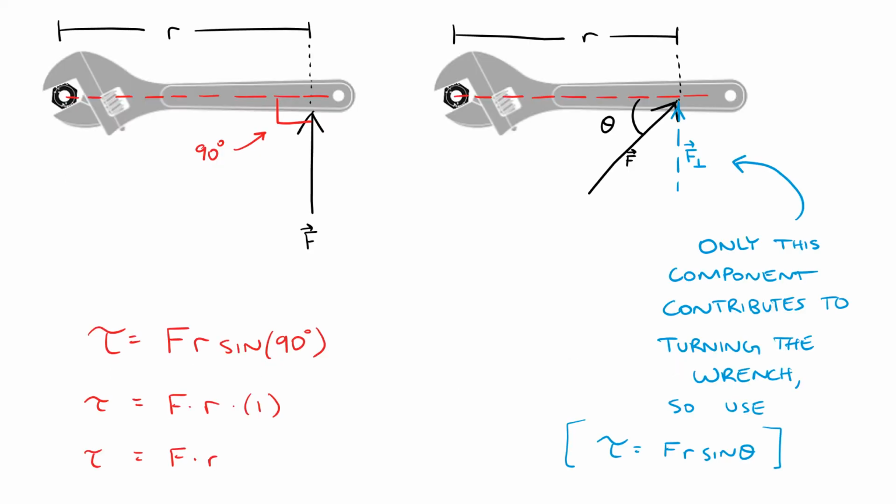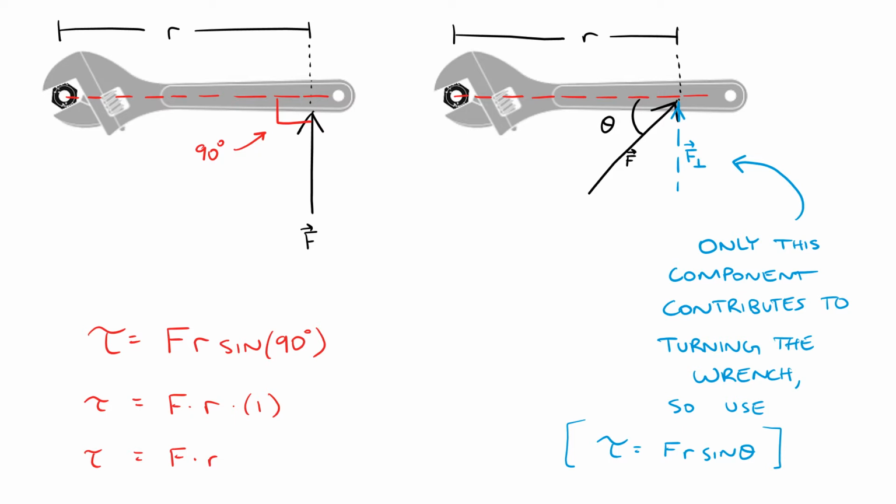So I had two wrenches as an example up here. Let me kind of draw them. Okay. That one right there, and I'll just do it one at a time.